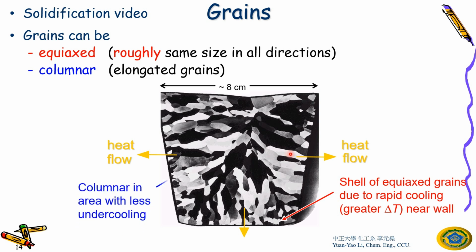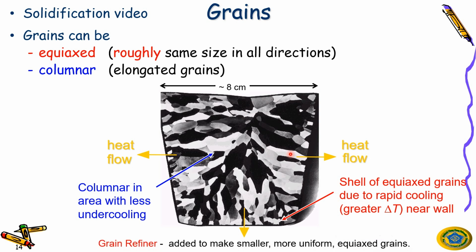So you have equiaxed grains and columnar grains. Of course, they behave differently because of the different direction and shape. This is called grain refinement. It depends on what you want to make, for example very equiaxed.